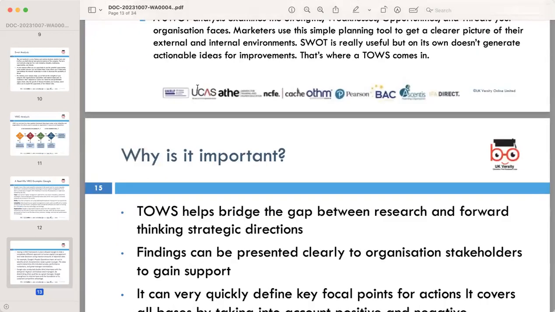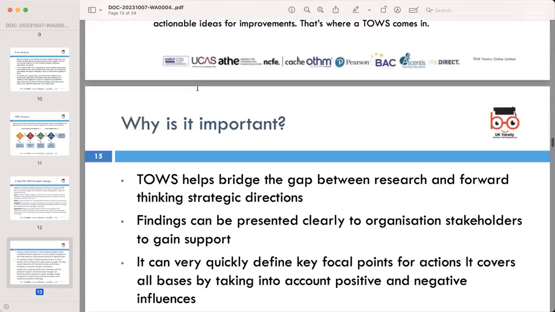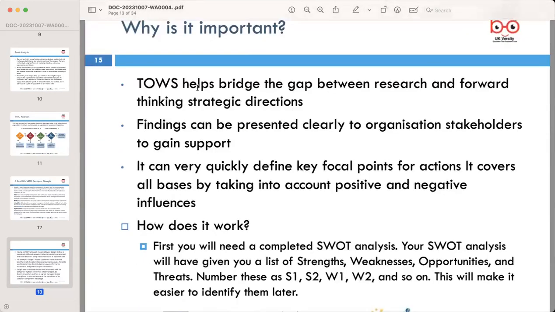TOWS analysis, why is it important? Basically, TOWS helps bridge the gap between research and forward-thinking strategic decisions.